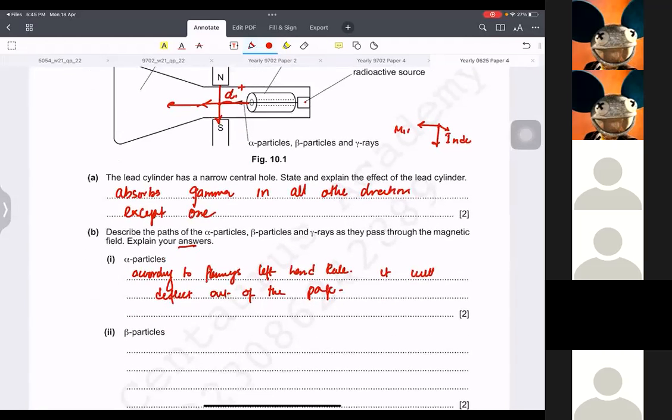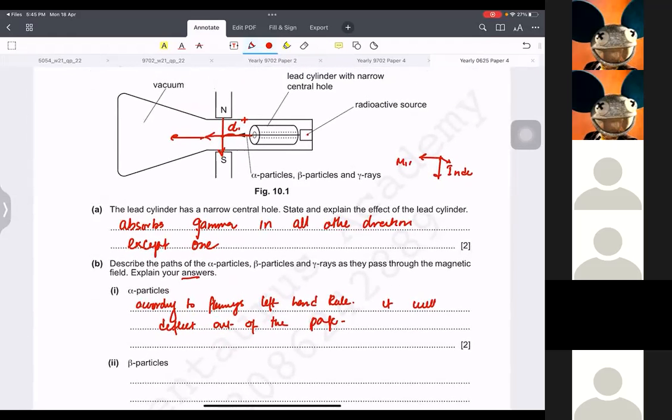Is it clear? For beta particles, because these are opposite in charge to alpha, they will deflect into the page, opposite to alpha.